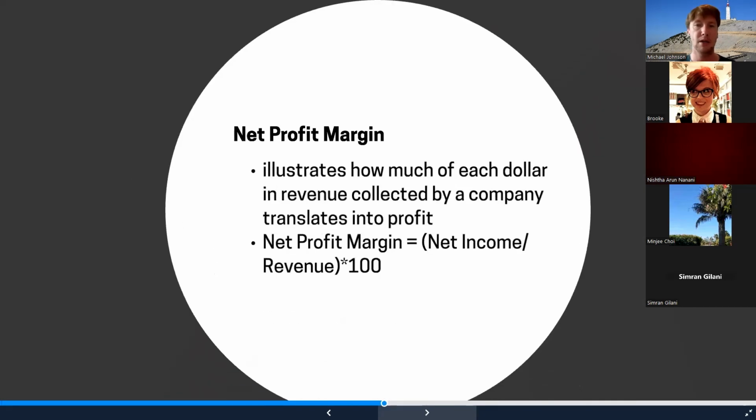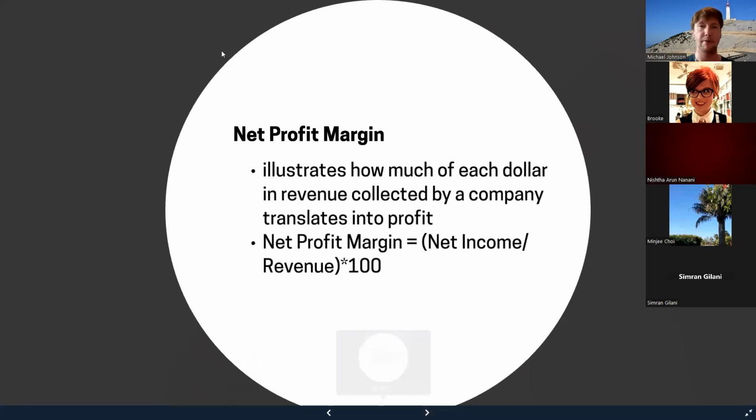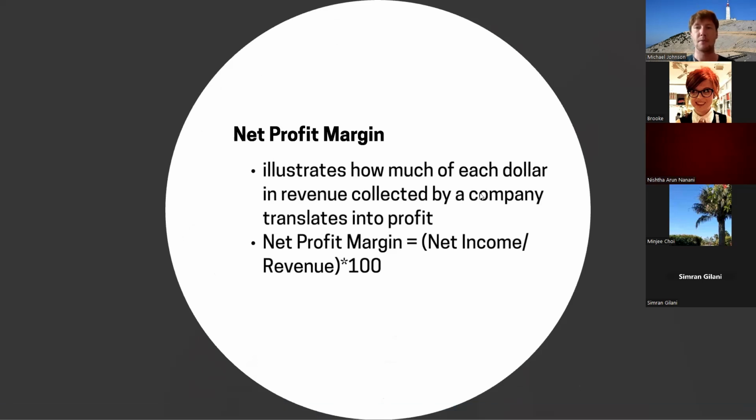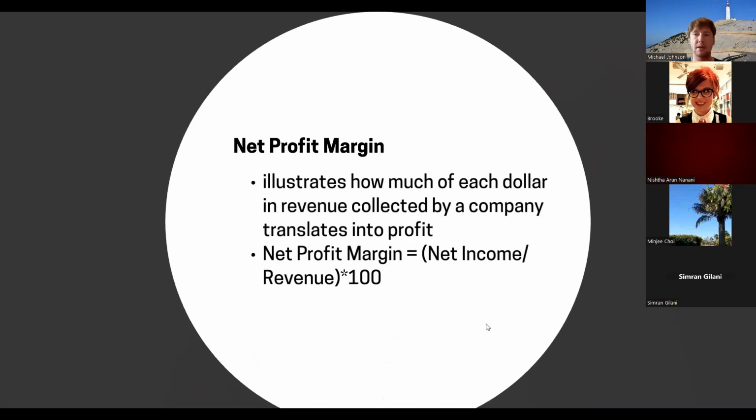And the net profit margin illustrates how much of each dollar in revenue collected by the company translates to profit. Net profit margin is net income divided by revenue times 100. This is not as important, but a net profit margin above 20% is good.